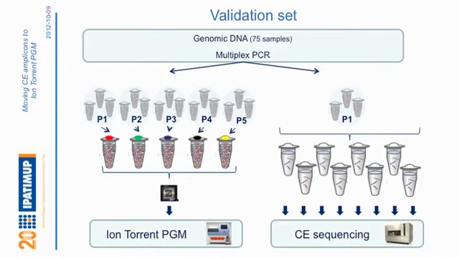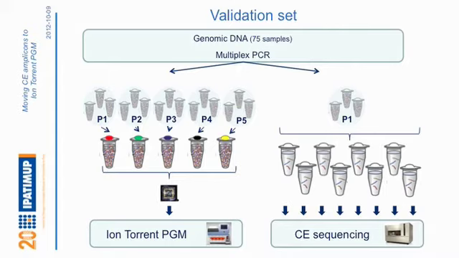If you compare, on the left side you have the procedure for the Ion Torrent. You see that in a single chip, you can, in this case, run up to 5 patient samples at the same time for all the genes that you are studying.